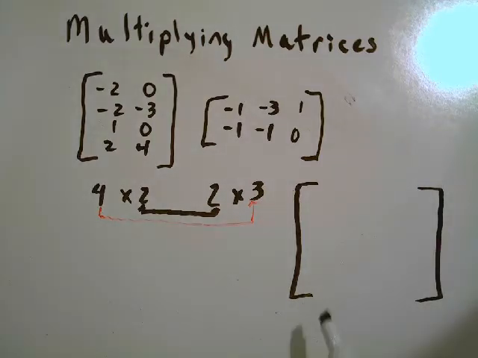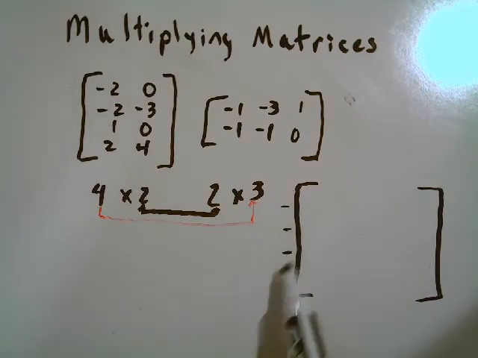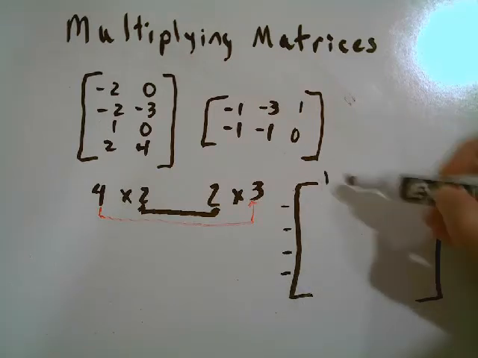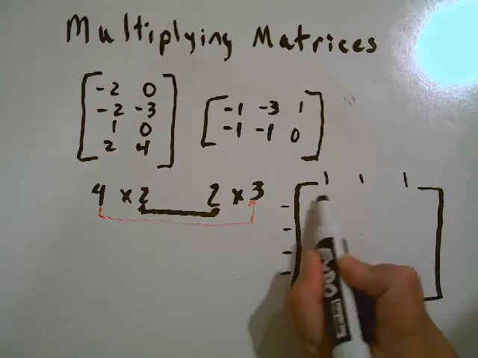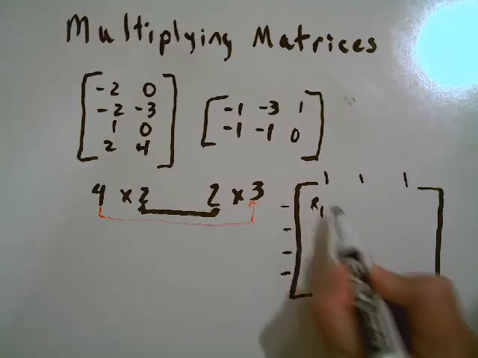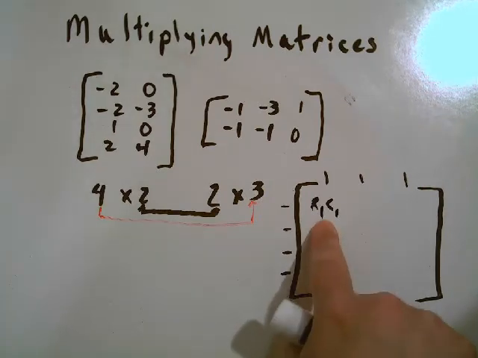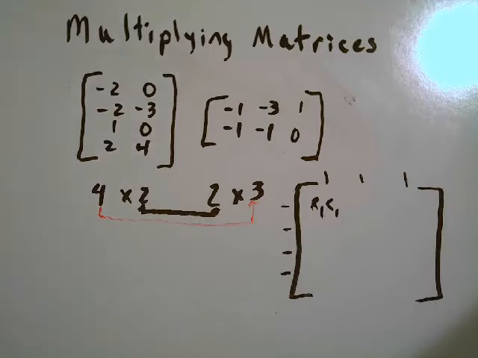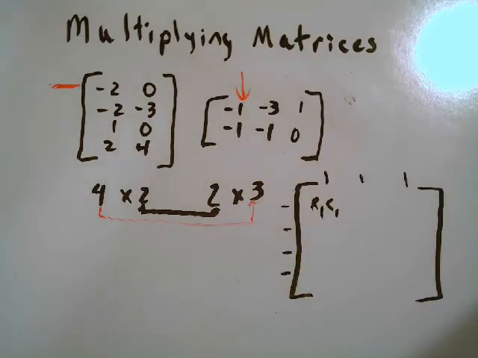Now, in this 4 by 3 matrix, notice that we have 4 rows and 3 columns. In fact, this spot is row 1, column 1. So to find the element that we put in row 1, column 1, we're going to go back to our matrices and use row 1 of the first matrix and multiply it by column 1 of the second matrix.